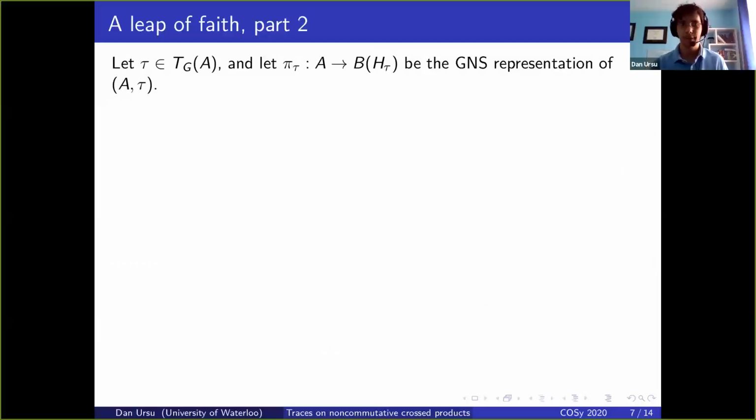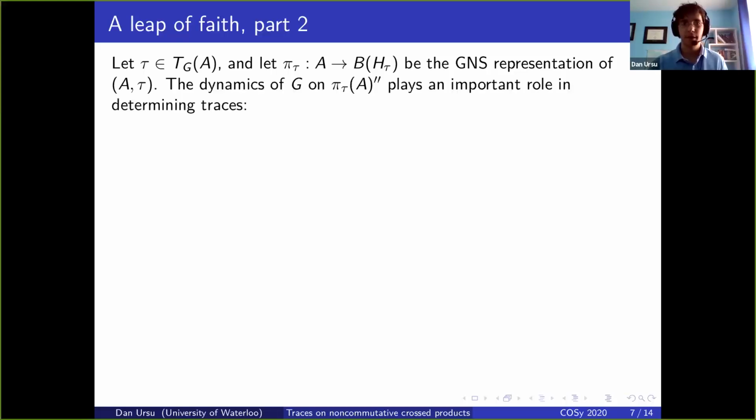So to answer that question, if we consider a fixed G-invariant trace, and we consider the GNS representation pi_tau, well, it's already been known since a few decades ago that the dynamics of G on the GNS von Neumann algebra plays an important role in characterizing which traces you can get on the cross product.